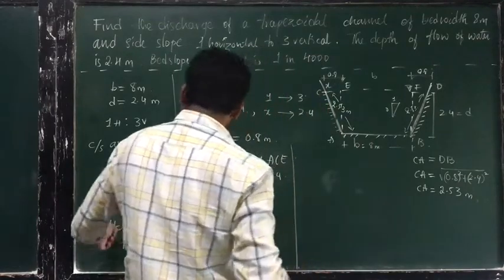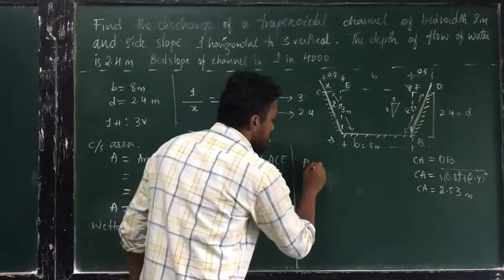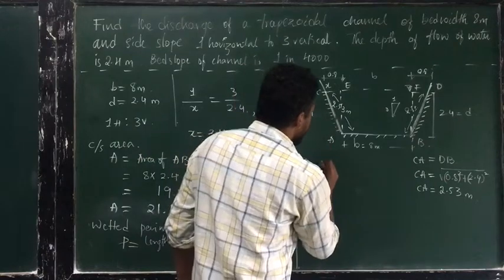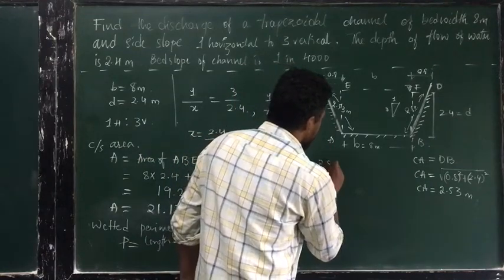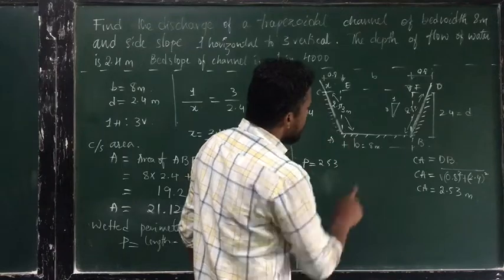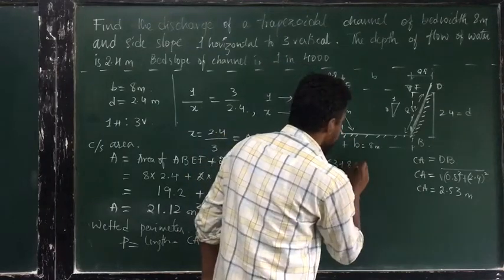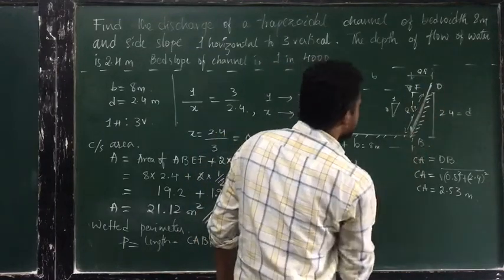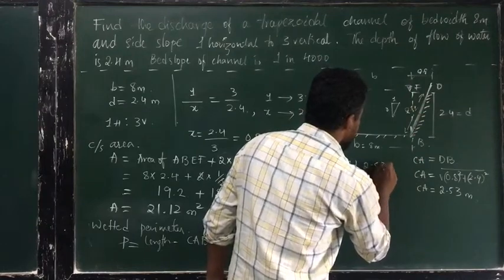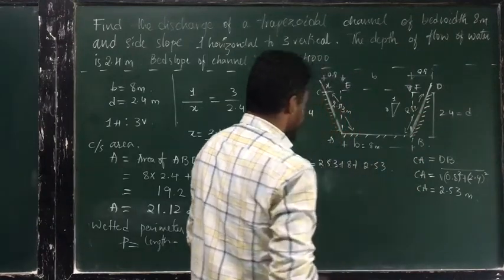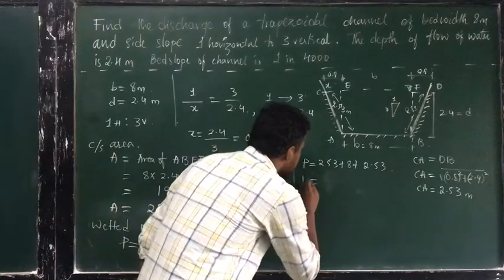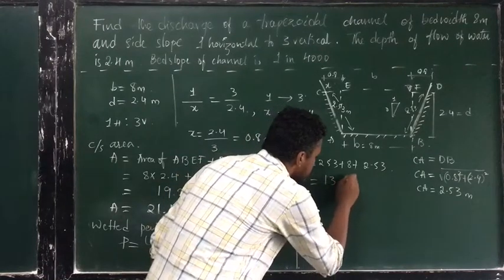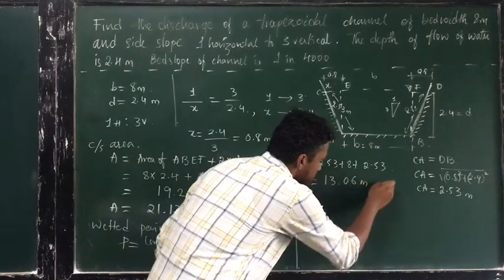Now I will continue with wetted perimeter equation. P is equal to 2.53 CA, AB 8 meter plus BD which is 2.53. So wetted perimeter P is equal to 13.06 meter.